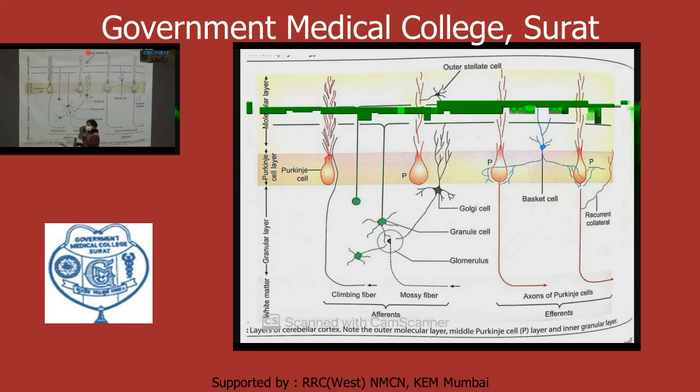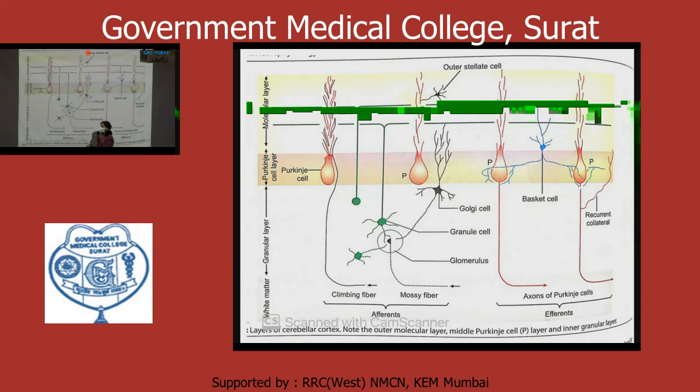As the rate of firing of climbing fibers is increased, the inhibitory output of Purkinje cells also increases, and that helps in learning and correcting the repetitive motor movements. That is the role played by the climbing fibers in learning repetitive motor movements.